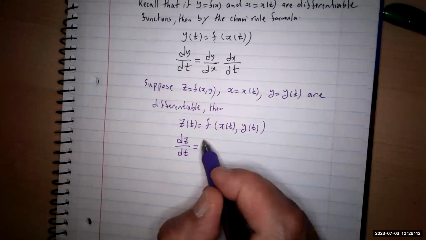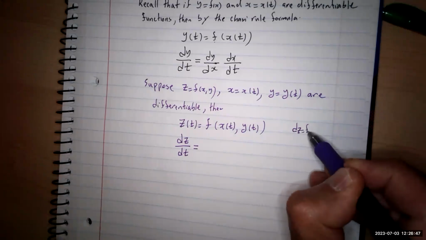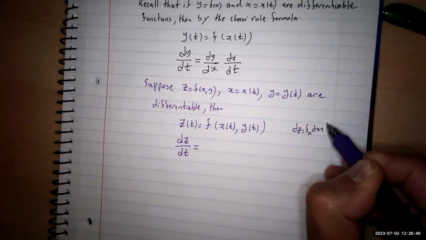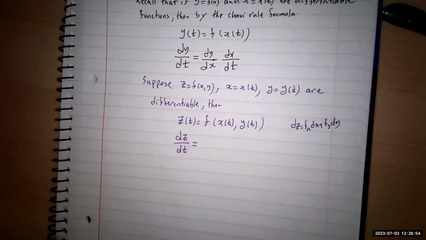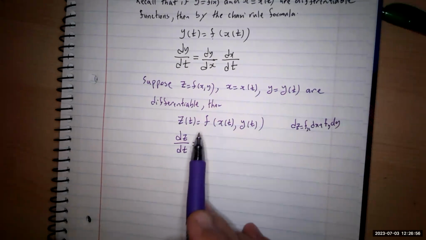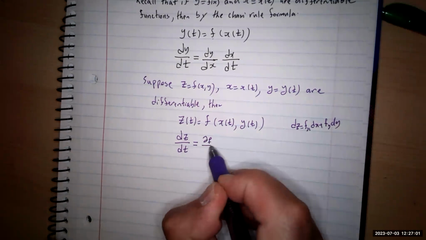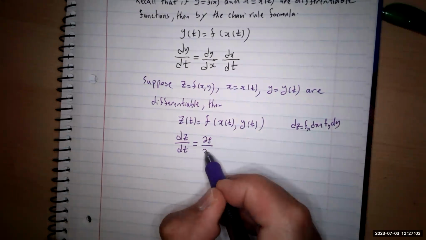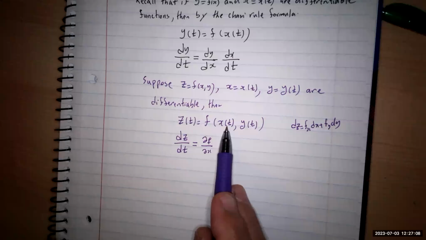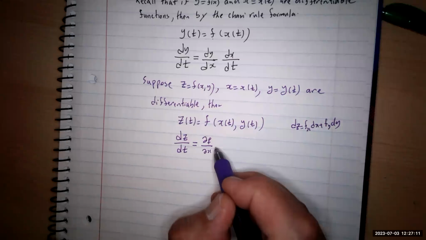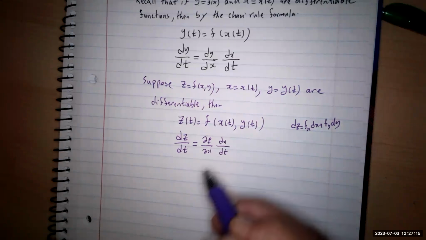So it's going to be f sub x dx plus f sub y dy. Now this is how we're going to use it. The partial of f with respect to x, that's one, times the differential of x. Differential of x, since x is a function of t, is going to be just dx dt. You see, that's going to be one.